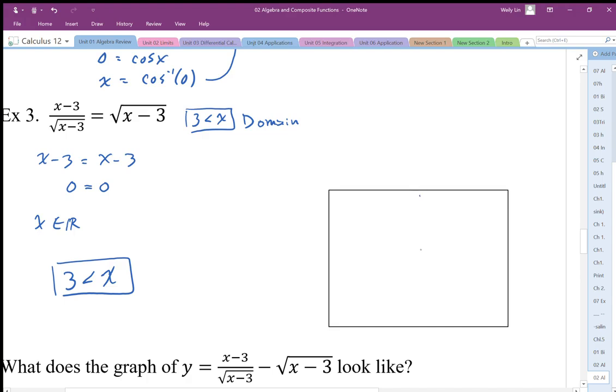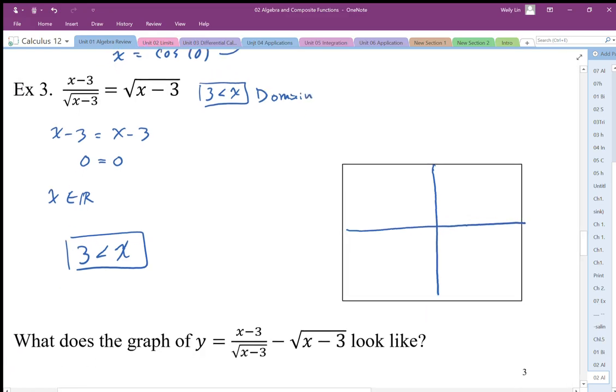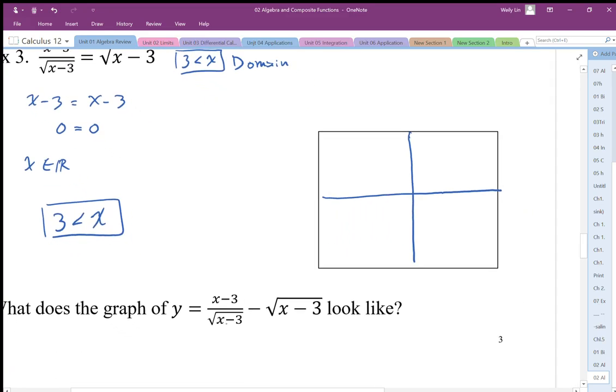Well, if I graph this function, y equals x minus 3 over the square root of x minus 3 minus the square root of x minus 3, we're going to get a graph that starts at x equals 3. Actually, I'm going to do this in different colors so it's a little bit easier to see.